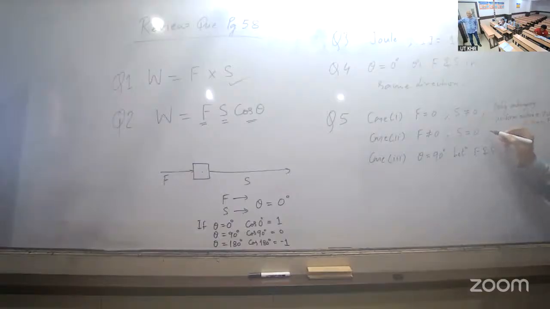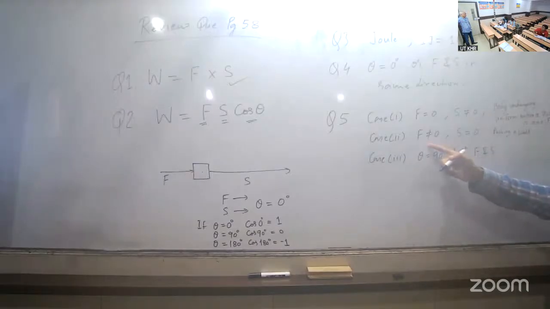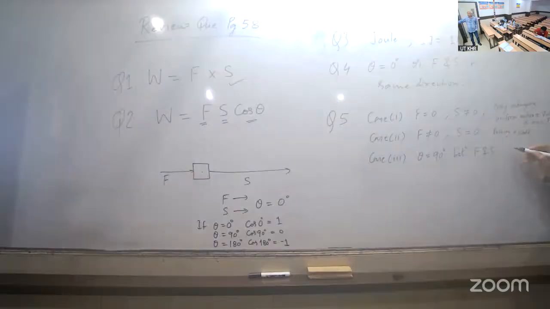What is the example of this? Second example is pushing a wall. So force is not 0 in this case. You are applying some force, but there is no displacement. And here, a body undergoing uniform circular motion, a body in UCM. Whenever the body is undergoing uniform circular motion, what is happening?